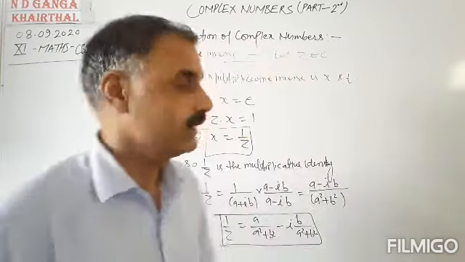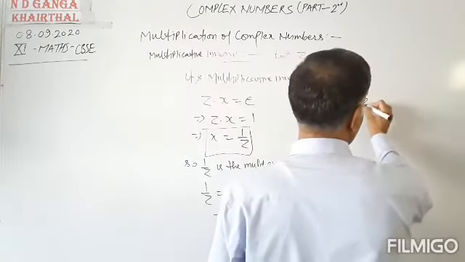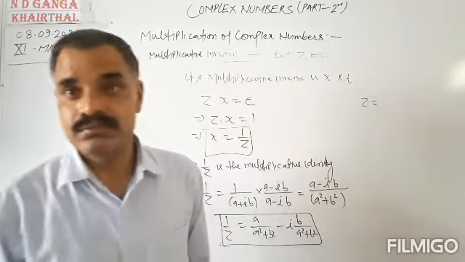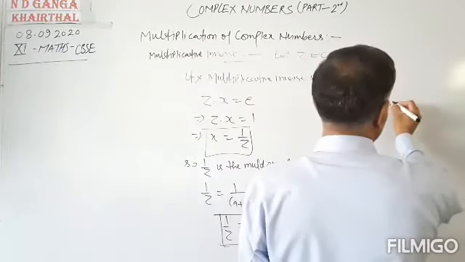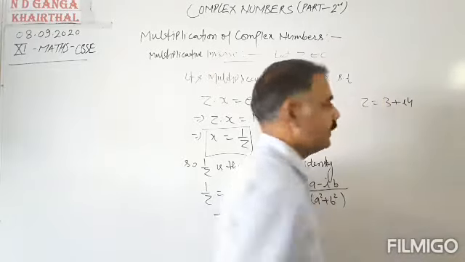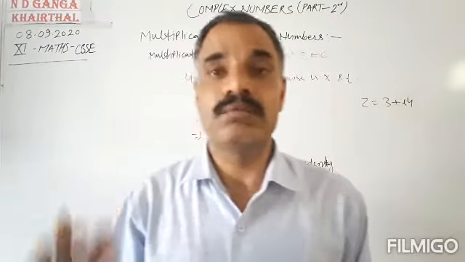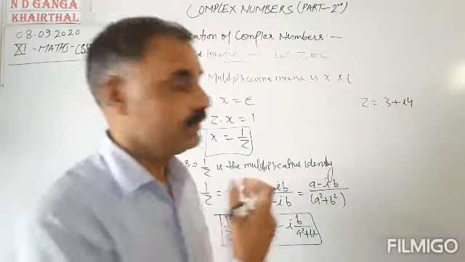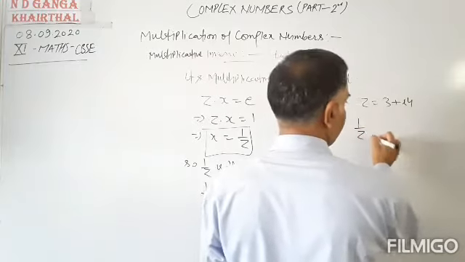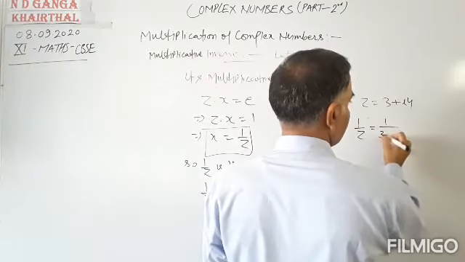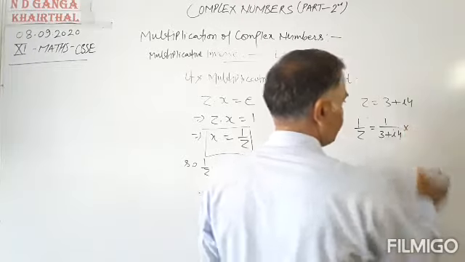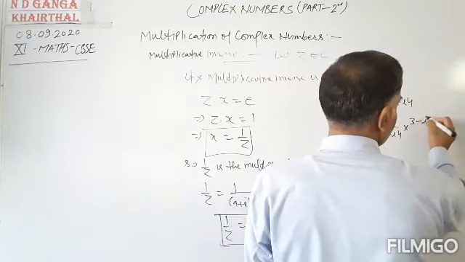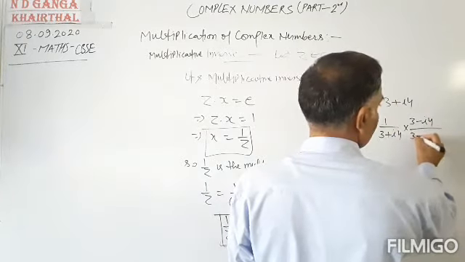Suppose the complex number Z given is 3 plus iota 4, and you have to find its multiplicative inverse. Then 1 upon Z is the multiplicative inverse, so 1 upon 3 plus iota 4. Now we will multiply this by 3 minus iota 4 upon 3 minus iota 4.